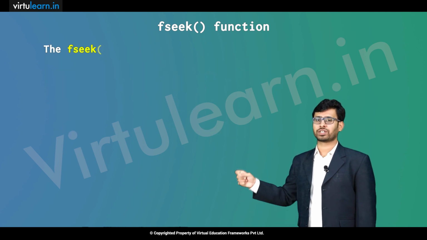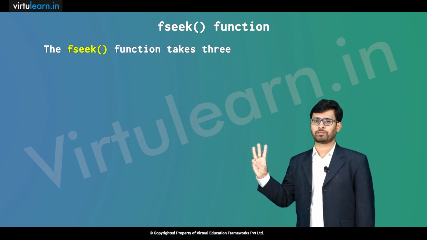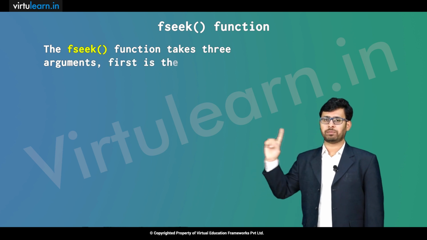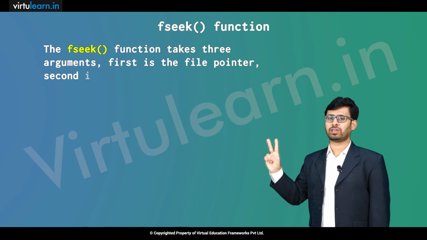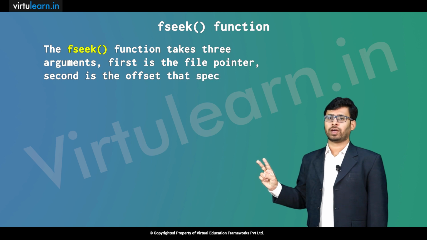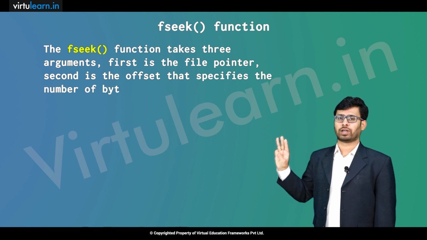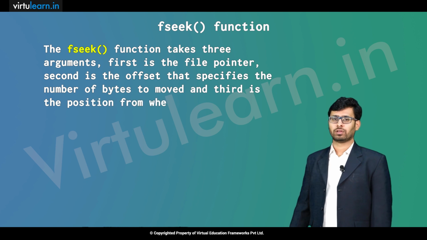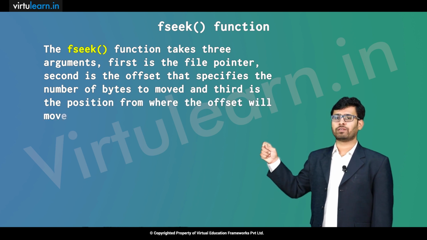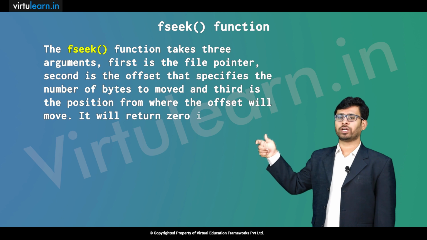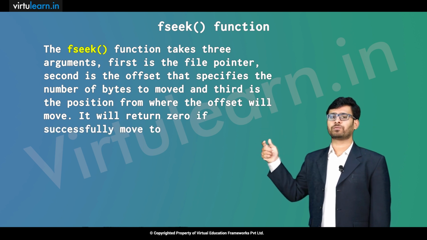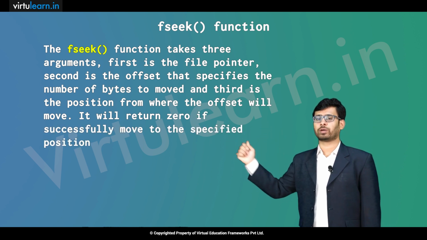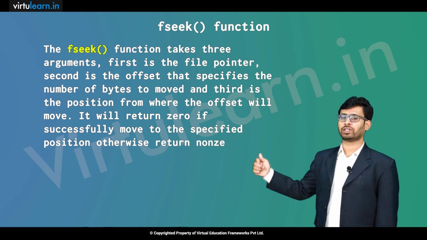So the fseek function takes three arguments. First is the file pointer name, the second is the offset, and the third is the position. It will return 0 if successfully moved to the specified position, otherwise it returns a non-zero value.